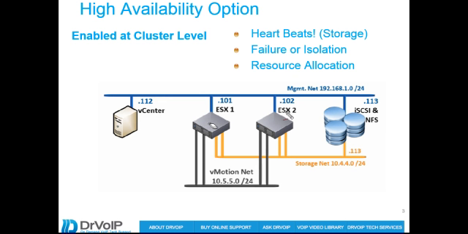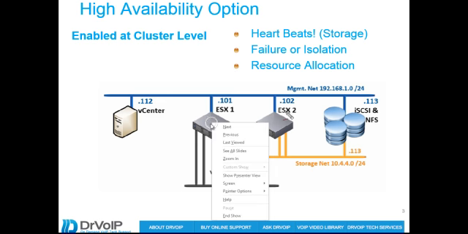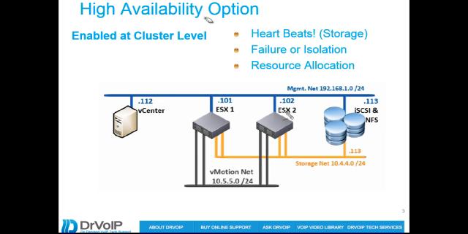So what we will also do is a storage heartbeat, and we will check to see if this guy is still writing to this storage. And if it is, we will consider this to be an isolation. Not a real failure, it's just that this guy has become isolated. These are some of the subtleties of the high availability model that you need to consider.